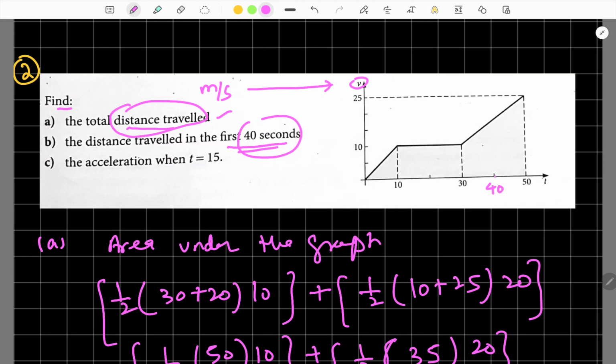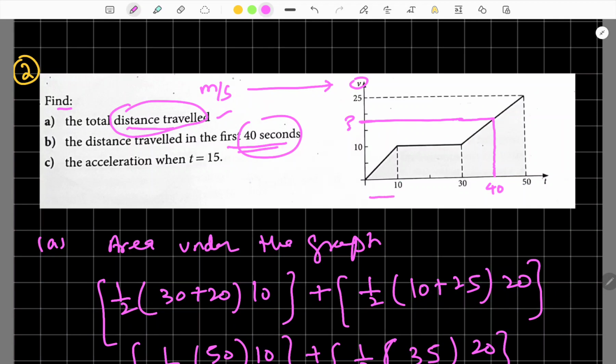So again, beta, for distance traveled, we need to find the area under the graph, right? But we don't have the value from the y-axis. Beta, we don't know this value, right? So if you want to find the distance in the first 40 seconds, you need the area under the graph.